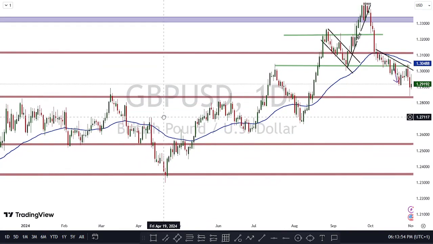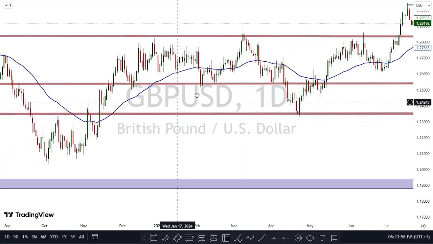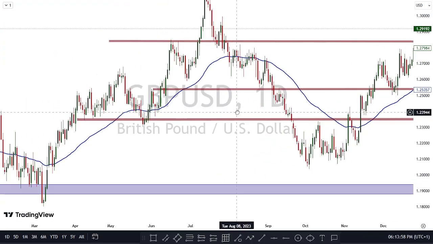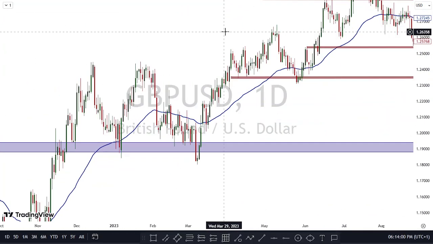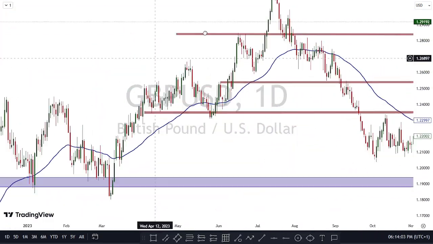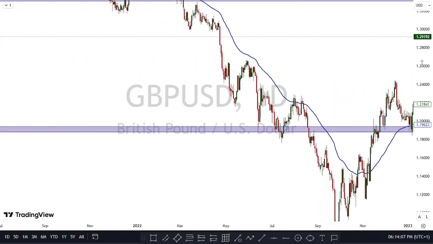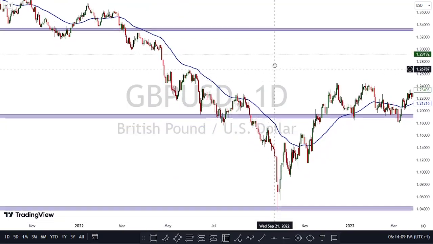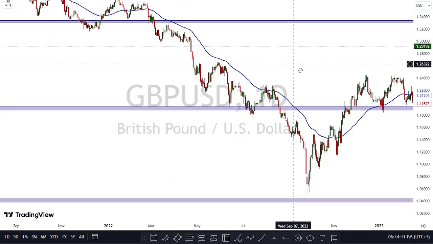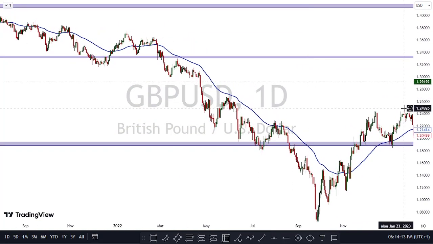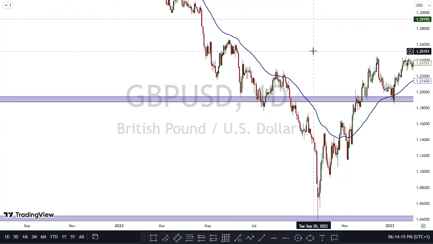Currently, I can't see. Okay, this is a downtrend market. Let's see if we would have been able to. I'm looking for a neat one, the one that you guys can see.